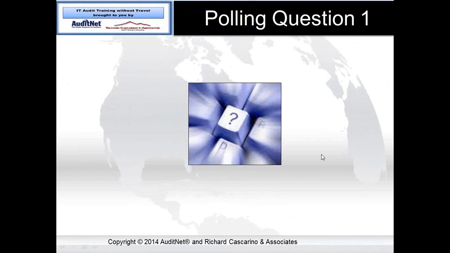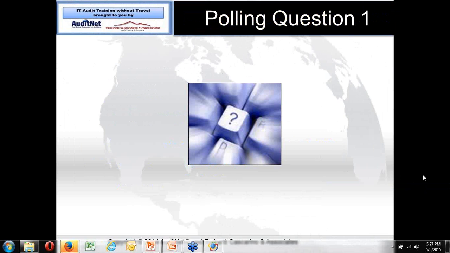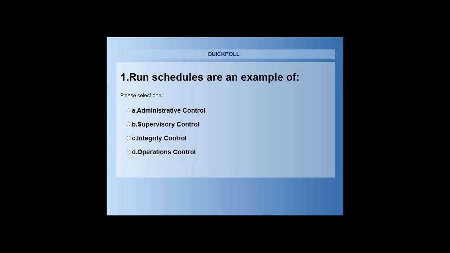The first polling question that we have today looks at run schedules. Run schedules are an example of what? Administrative controls, supervisory controls, integrity controls, or operation controls.